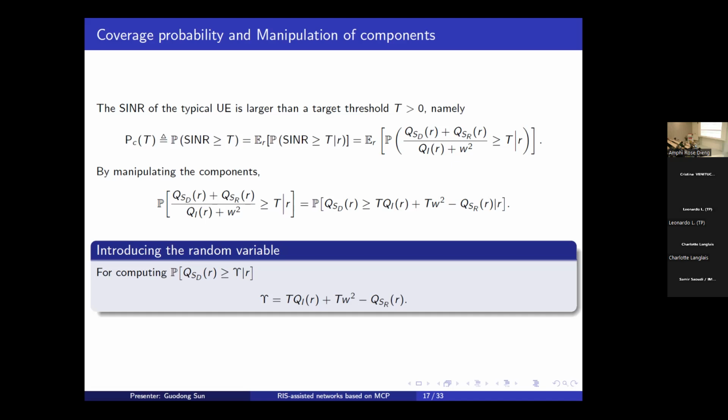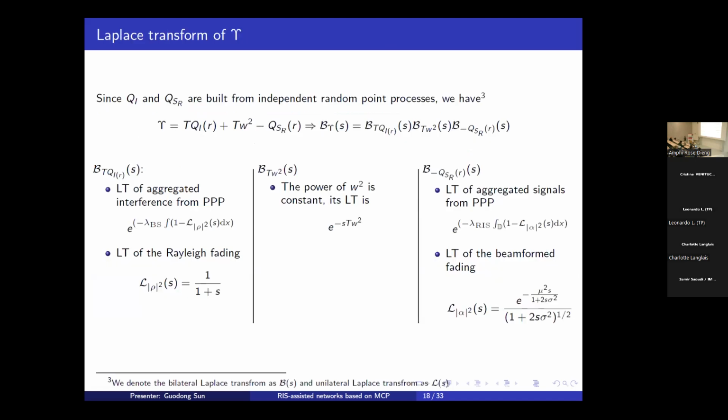We assume each component behaves by itself. So you move the denominator, the interference and the noise, to the right-hand side, and move your friend, the reflected signals, to the right-hand side. Then we introduce a random variable called epsilon to denote these things. Why is that? Because this epsilon is going to be easily computed from its components. This epsilon is a sum of individual random variables.